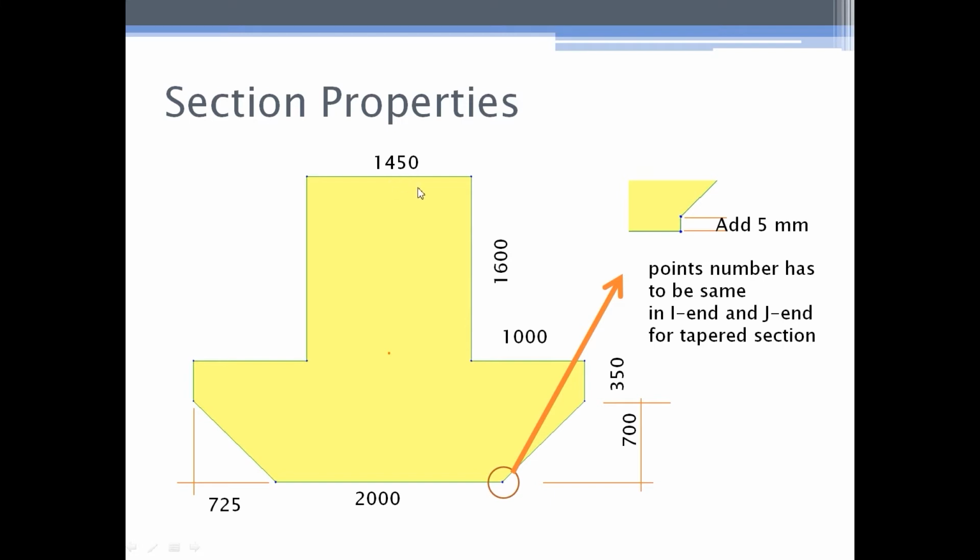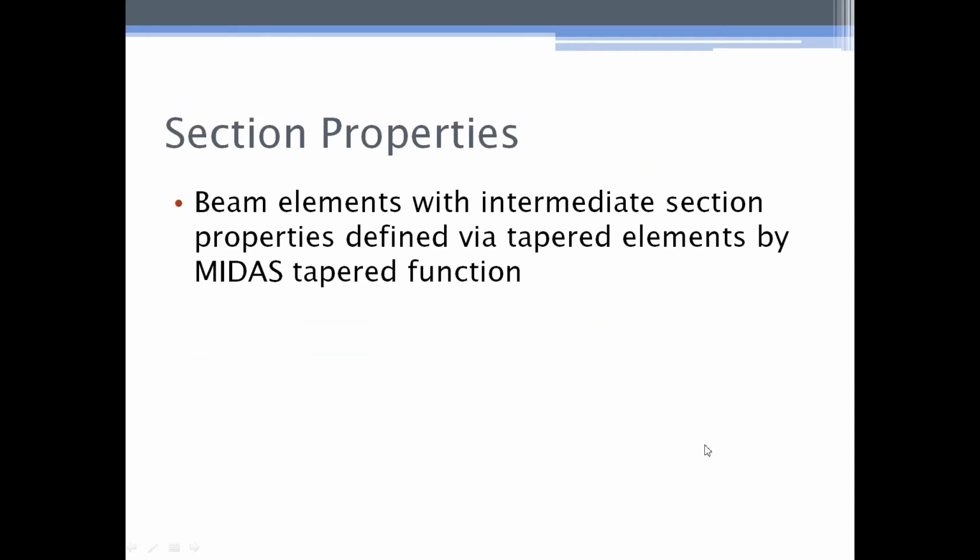So in that case, I have to add another 5 mm to make it similar between I and J. Otherwise, Midas will not generate the section. Okay, this is the tapered element. The tapered element will be generated with the Midas tapered section function.